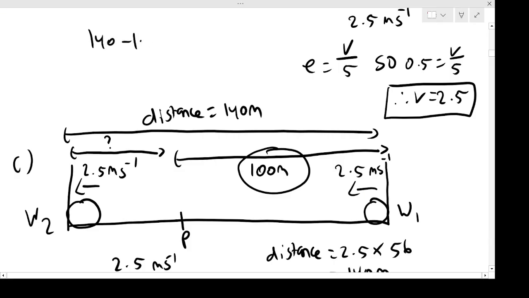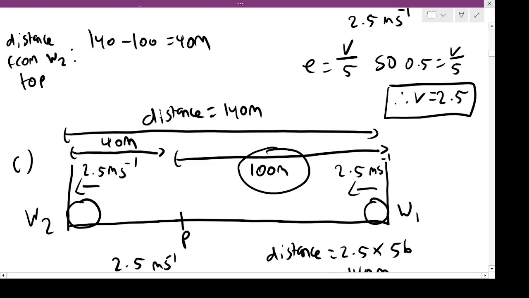And so that will just be 40. Okay, so this is 40 meters here. And there we are. So that's the distance from wall 2 to P. And that's why it's very helpful to draw diagrams for these sort of questions. Okay, because it will help you to see and clearly work out all the information you have. Okay, and so there we are.